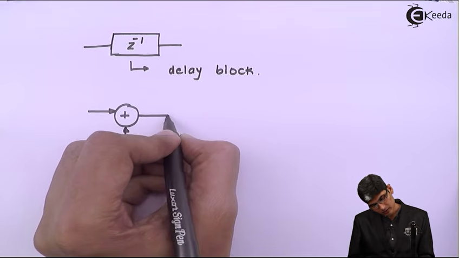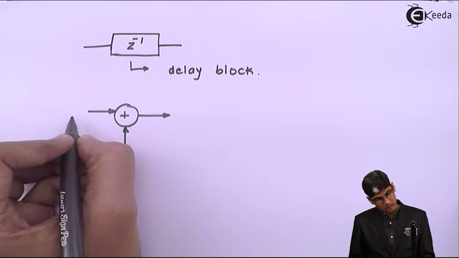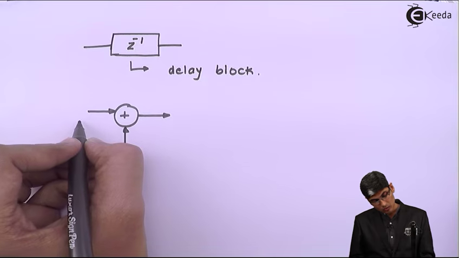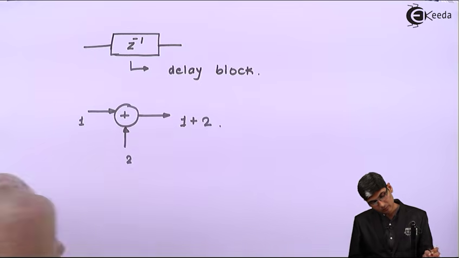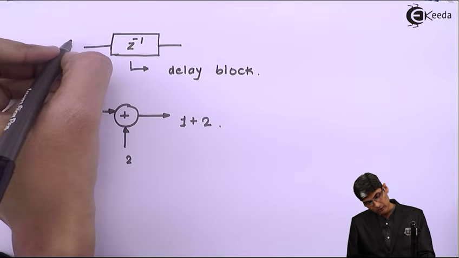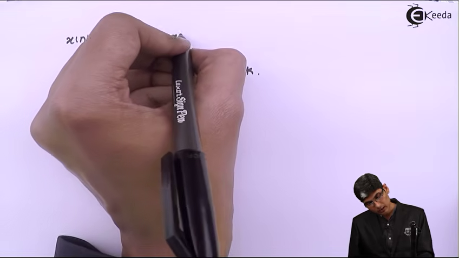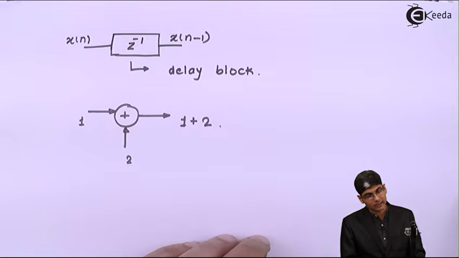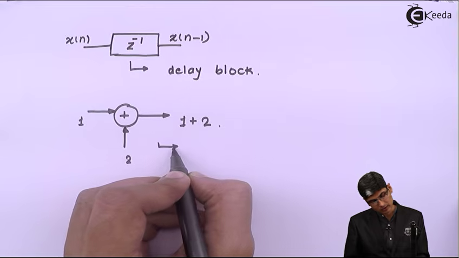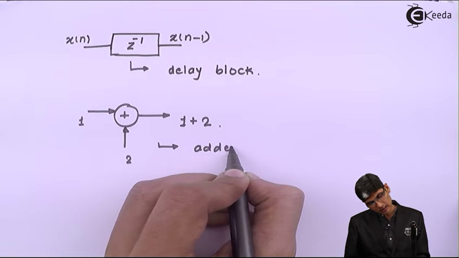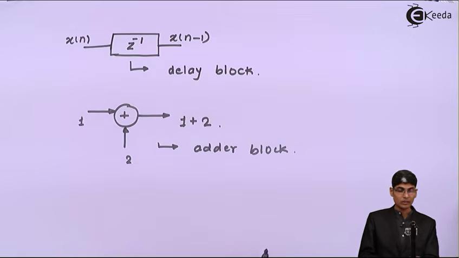So we have an adder which has, let's say, signal 1 and signal 2. The output will be 1 plus 2. Here, if you give the input as x of n, this delay block will provide a delay of one, which is x of n minus 1. So this is called the delay block, and this is called the adder block or sum block. Then we wanted to multiply.